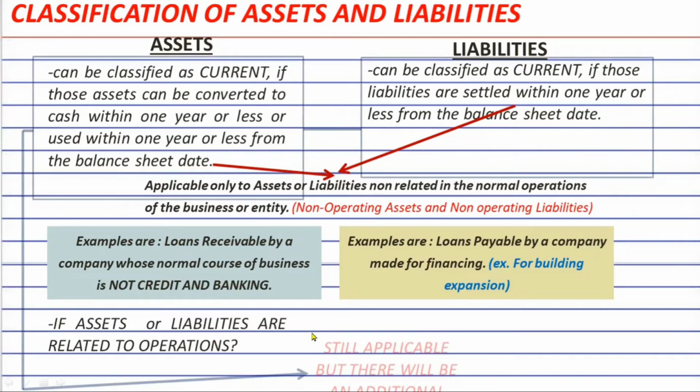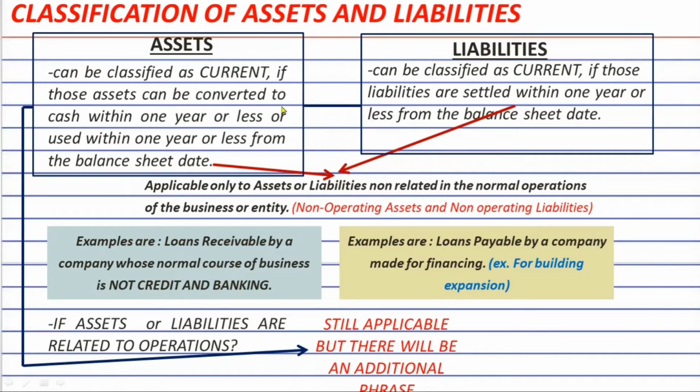Answer, of course guys, we still need to apply these two. But there is already an additional phrase, which is "or operating cycle, whichever is longer." Meaning, if the assets are related to operations, then you classify it as current if those assets can be converted into cash within 1 year or less or used within 1 year or less from the balance sheet date or operating cycle, whichever is longer.